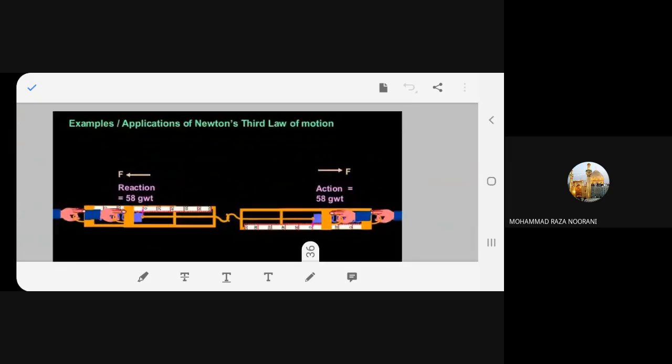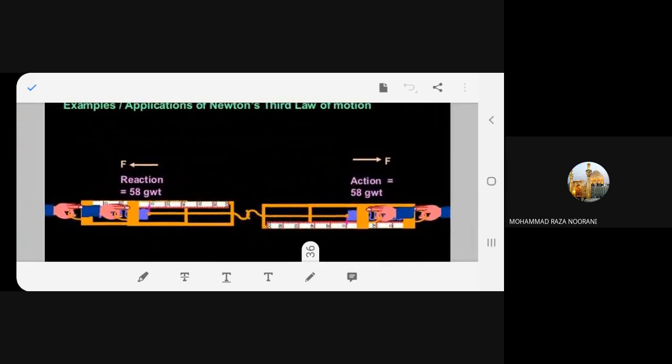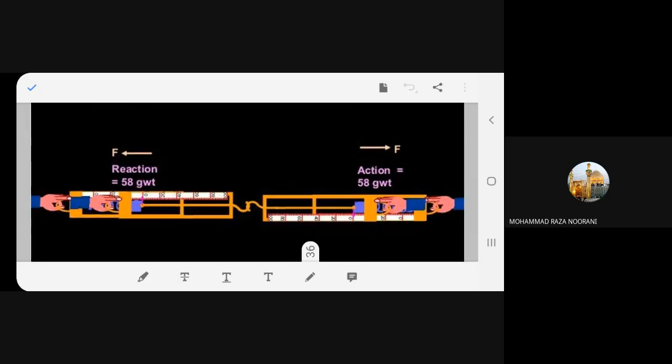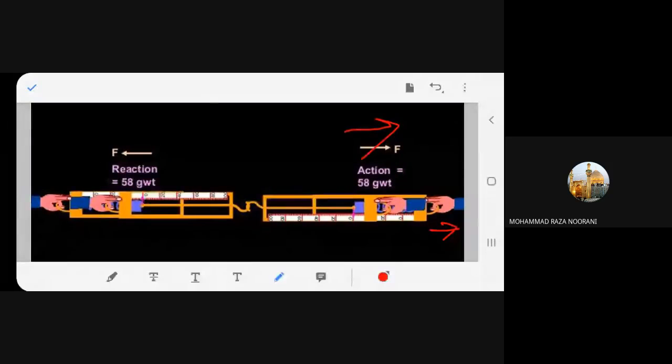Same thing, Newton's third law of motion. See, in a different manner it's been shown. So this is action. Why action? Because I'm pulling it. It is in the opposite direction. Can you see this? It is pulled over here. And the other one, it's me who is pulling here and it's you who is pulling there. Right?